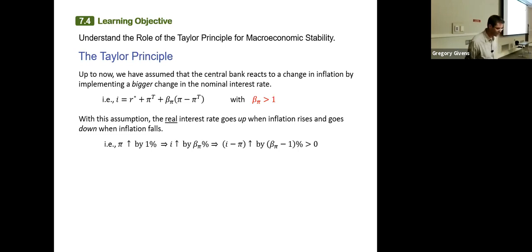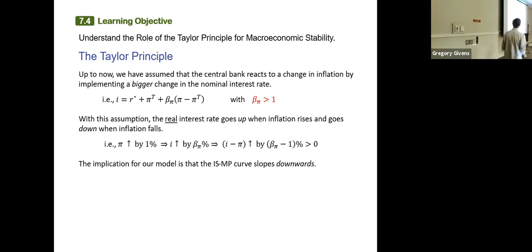Now, what this restriction implies for the equations of our new Keynesian model is that the ISMP curve, if you put the monetary policy rule inside of the IS equation and solve it for inflation, you get this equation, right? What it implies is that the slope of the ISMP curve is going to be negative.